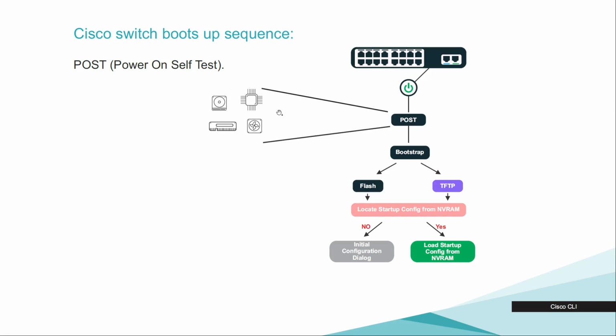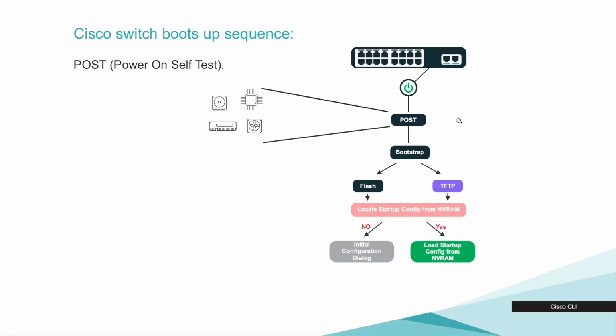So our switch will run, for example, the CPU at the highest capacity. It will run the power supply fans at high capacity. It will check the RAM memory, the hardware, and all the components to make sure there is no problem with any of the physical components.